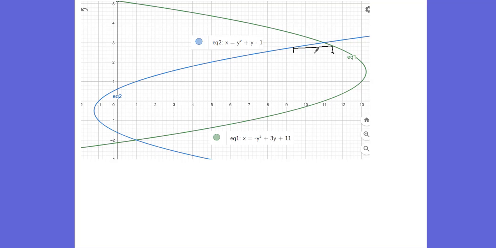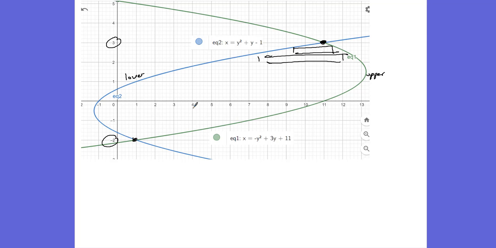We can go with little slices of this horizontally. My upper function would be over here. This is my upper function, which means the blue one would be my lower function. Tilt your head 90 degrees to the right-hand side and you'll see it this way, which means we're going to go from this all the way over here down to here.